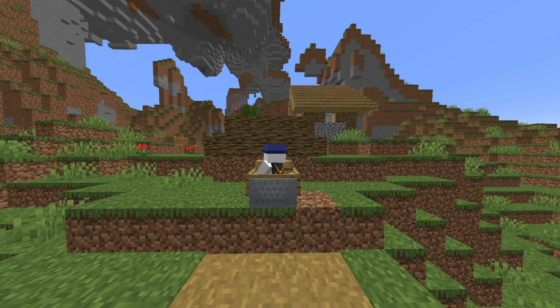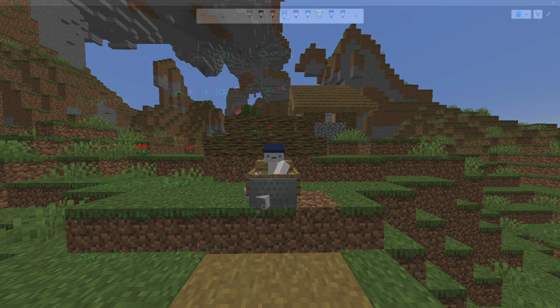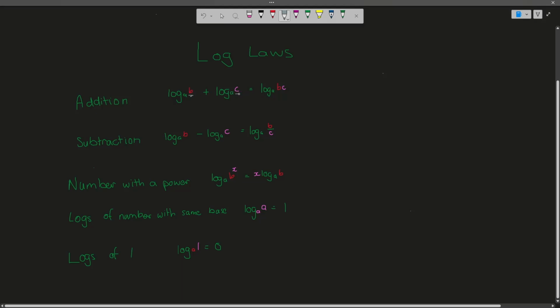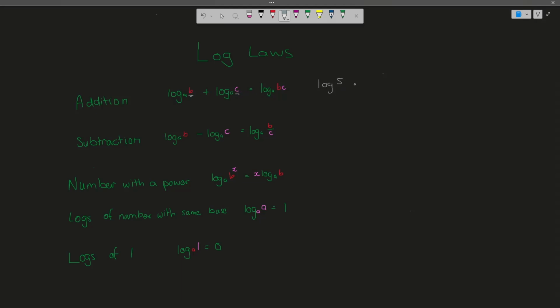Now that we understand what a log is, let's go over some of the basic laws. Let's begin with addition. When we're adding two logs of the same base, we simply multiply the two numbers, so b and c. Log of 5 plus log of 6 is equal to log 5 times 6, which is equal to log 30.